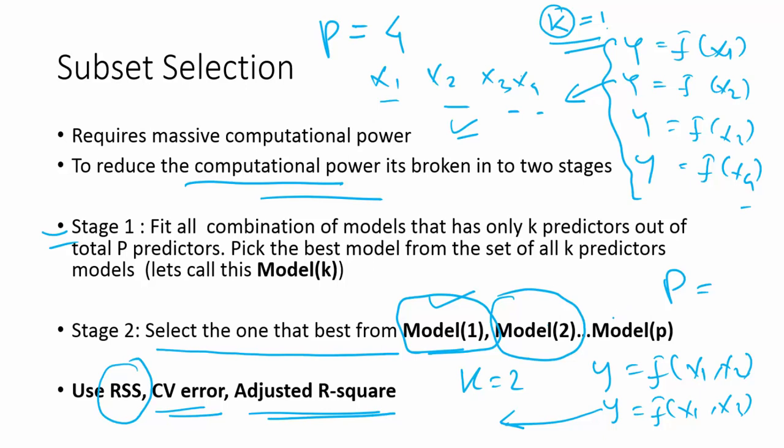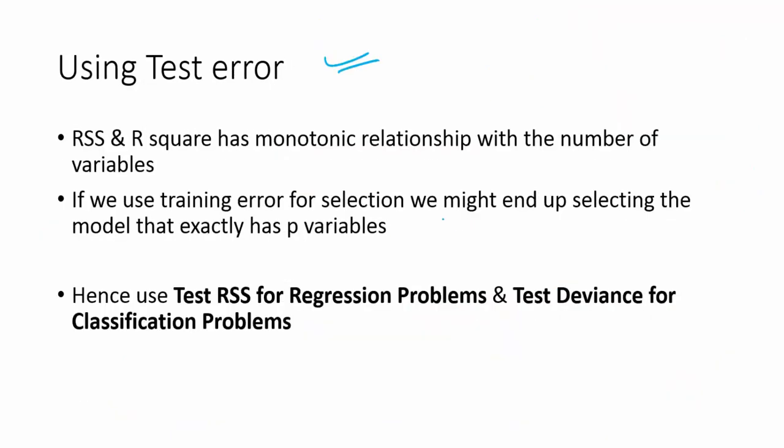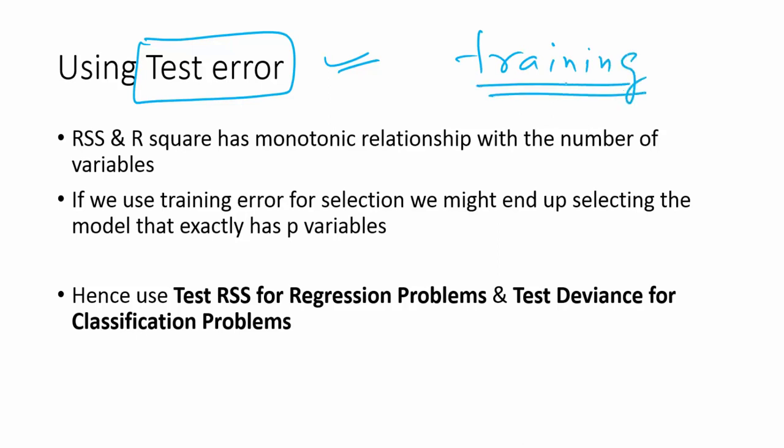With one predictor, you will have one best model out of p models. Okay, so the way to select the best model out of the set of models is to use test error, not training error. Because you are building the model on training data, if you use training data to select the best model, that's going to be very biased. So use test error.